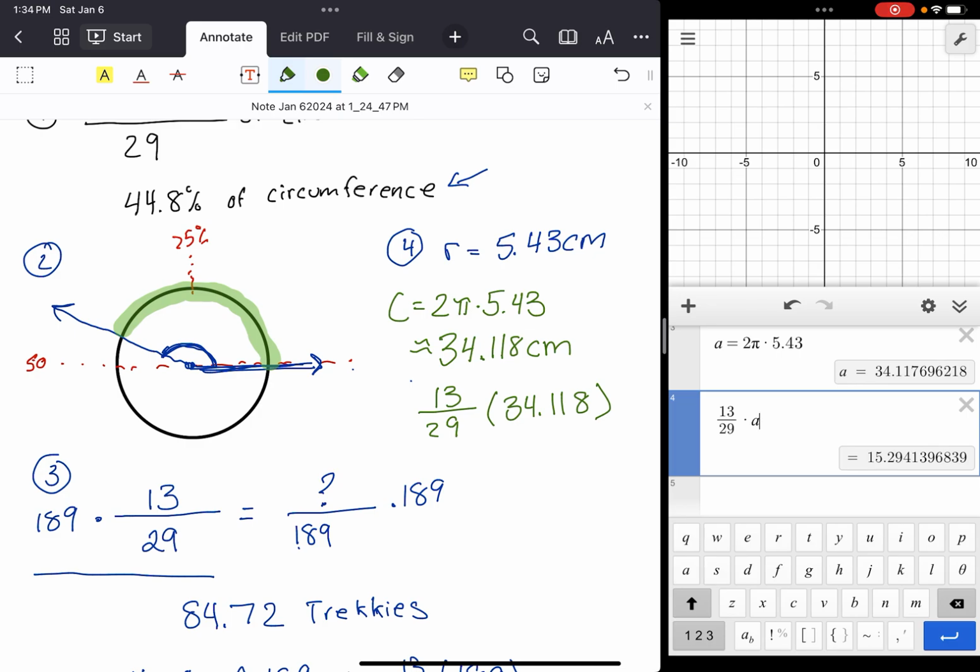I take 13 divided by 29 and multiply that by my exact circumference, and using the variable s for arc length, this gets me 15.29 centimeters. It's a little less than half, which makes sense because if you look at our picture, that arc is less than half of a circle length. Arc lengths do have a unit. They're a length measure, so we want to make sure we include the label of centimeters. Hopefully this helps you better understand how to approach this problem if you were stuck or not sure. Also, it gives you a quick check if you did it right.